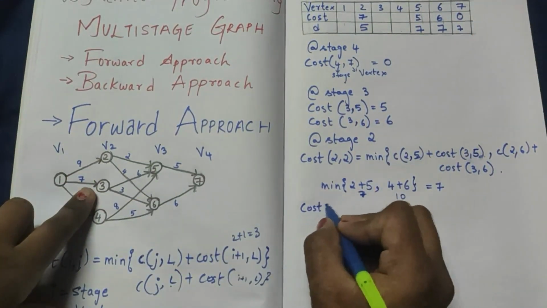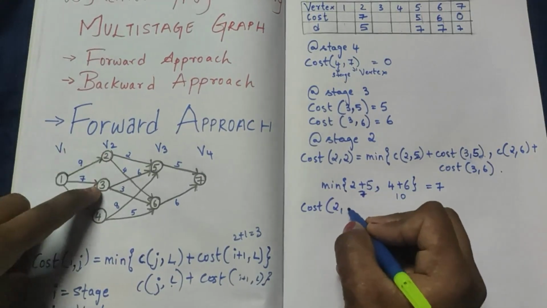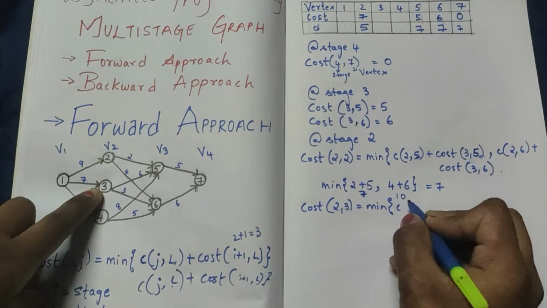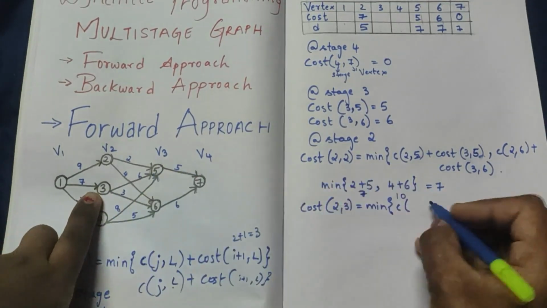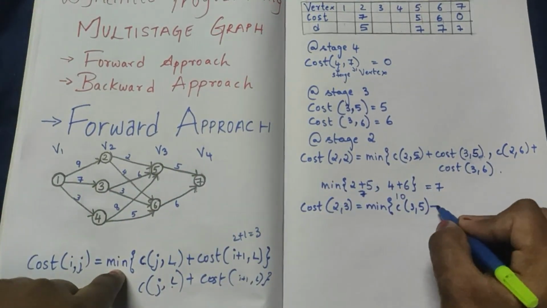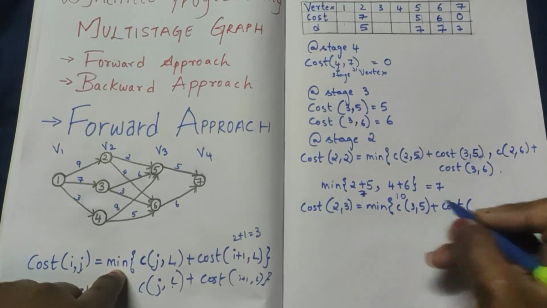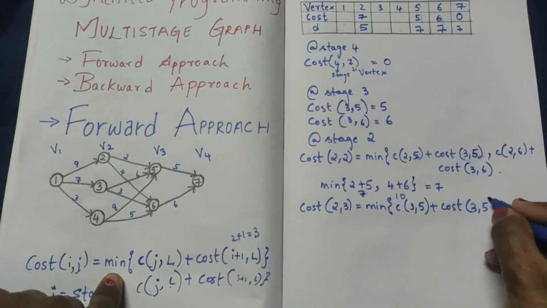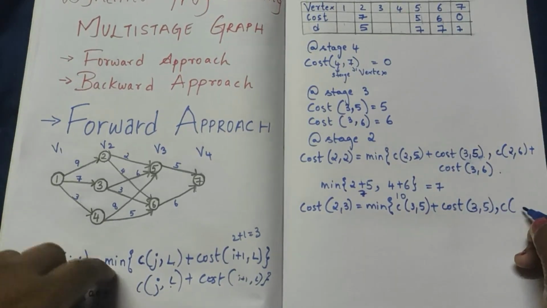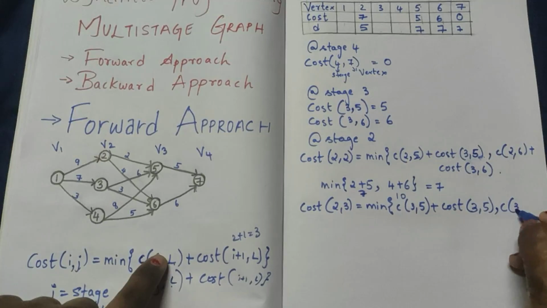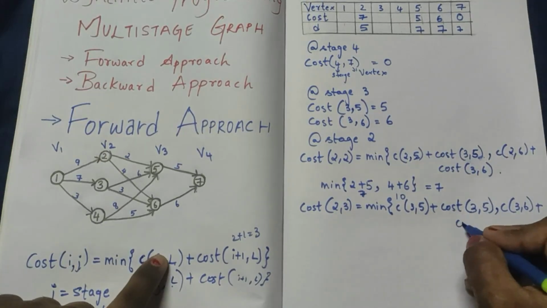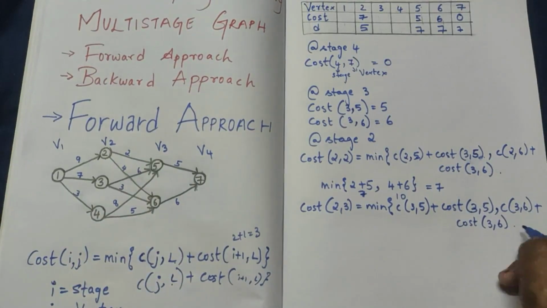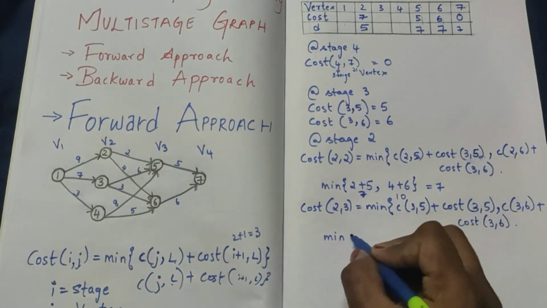So cost of stage 2 vertex 3 is the minimum C of 3 to 5 plus the cost of stage 3 fifth vertex, comma C of 3 to 6 plus cost of 3, 6. So let us find out their minimum values.